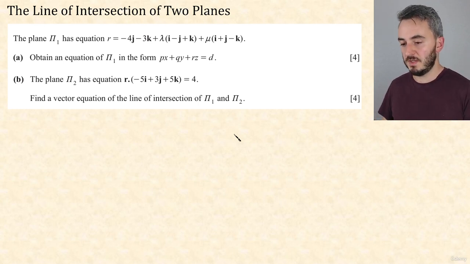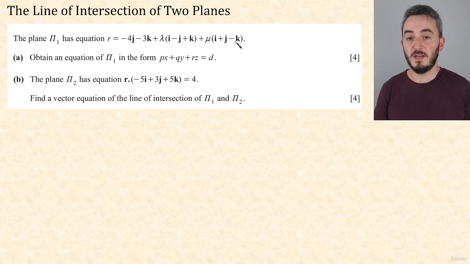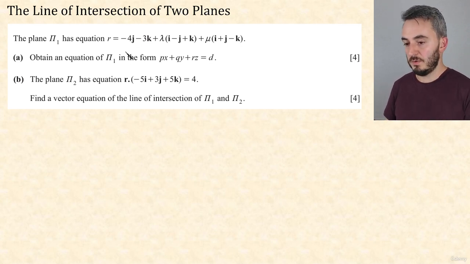Okay, so we know how to do this now because we know that this vector i minus j plus k is on the plane and i plus j minus k is on the plane. So the cross product of those will give us a vector that's perpendicular to the plane.